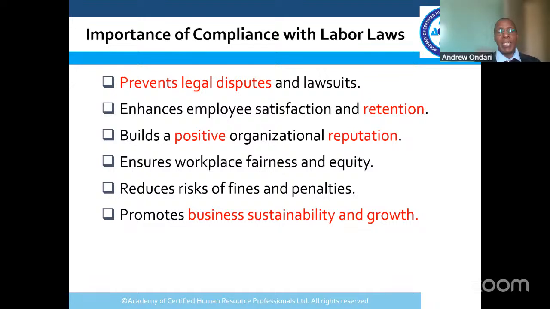A business may die in many ways. One, mismanagement. Two, new laws that are very hard to comply with. Three, legal suits.